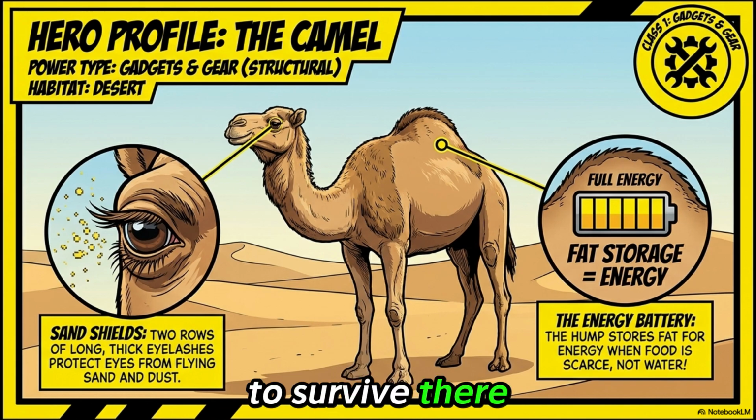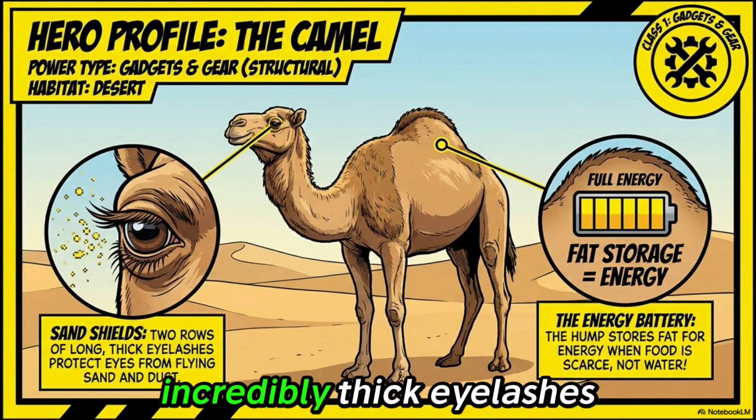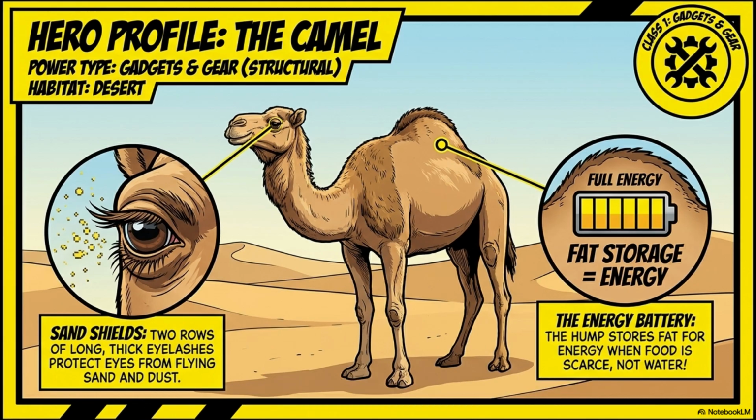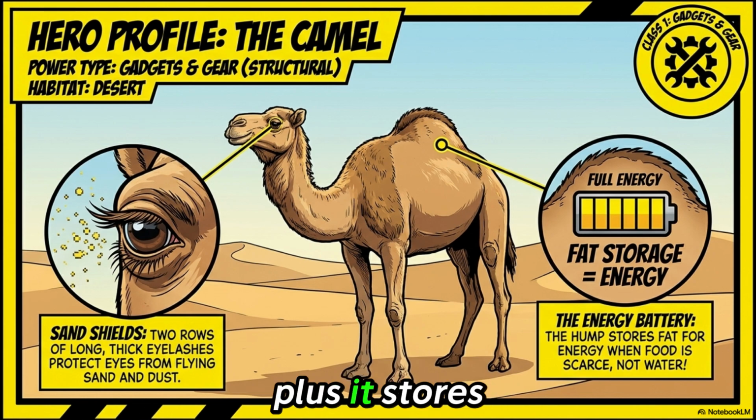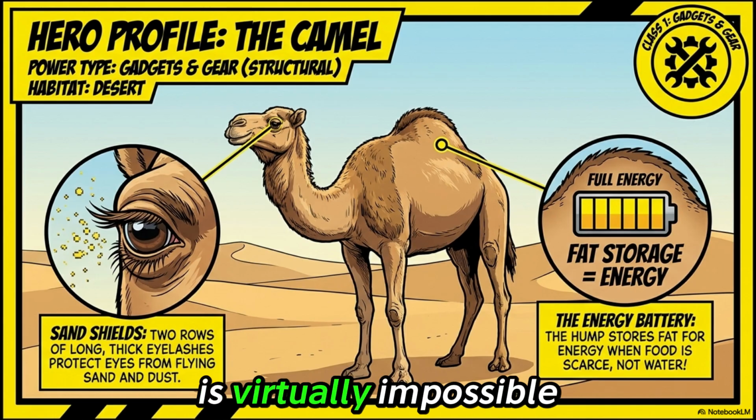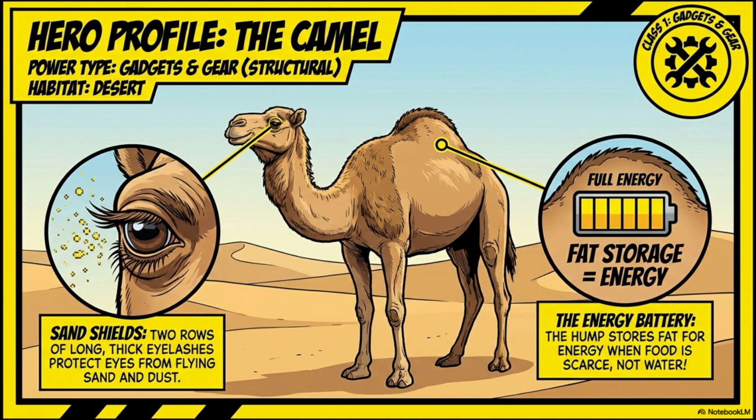To survive there, the camel actually developed 2 rows of incredibly thick eyelashes. That structural feature acts like a perfect shield protecting its eyes from blowing sand. Plus, it stores fat in its hump to provide energy for when food is virtually impossible to find.